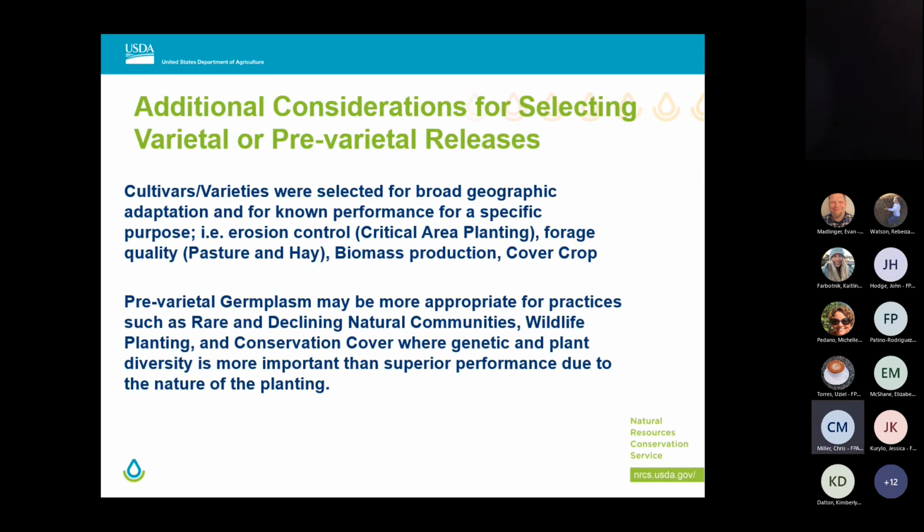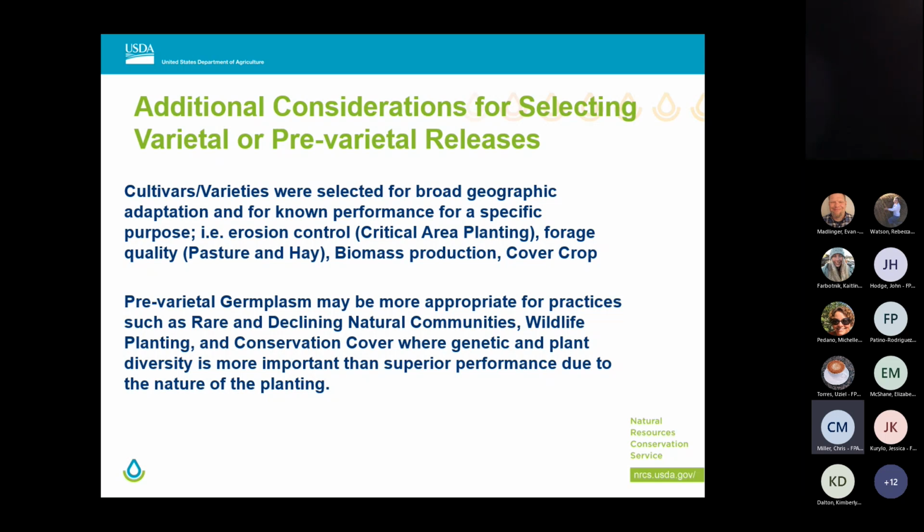So how does that relate back to what we do or what you do in the field? Some considerations for selecting either a variety or pre-varietal releases. For example, if you're really concerned about erosion control, for example, a critical area planting on a drastically disturbed site, or if you're concerned about forage quality, you want to make sure you get a variety that works for forage and is high quality, or for biomass production, and even in some cases for cover crop applications.